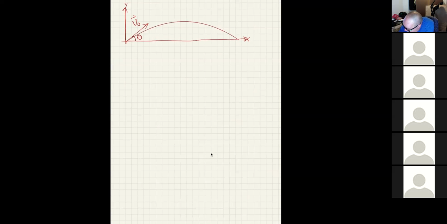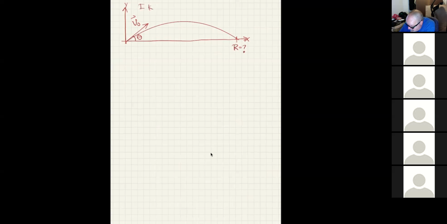That vector will in fact follow a parabolic path, and it's going to land over here at what I call the range, which is a question mark. I don't know what it is. All I'm going to know is V0 and theta.